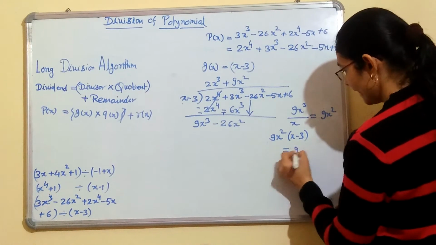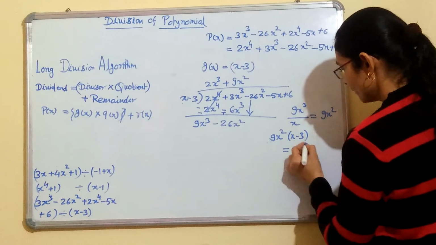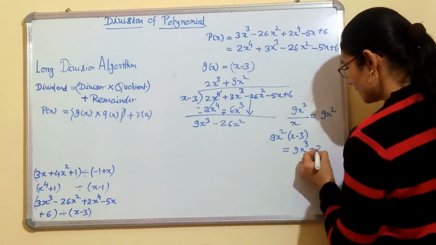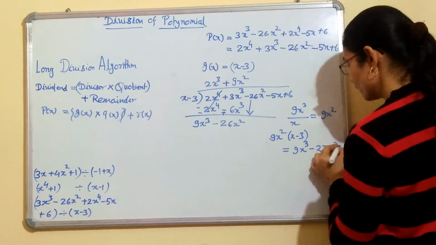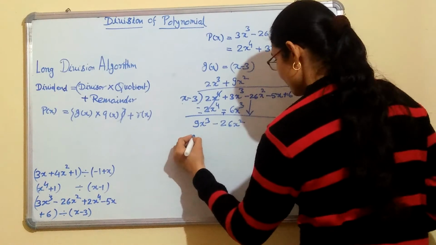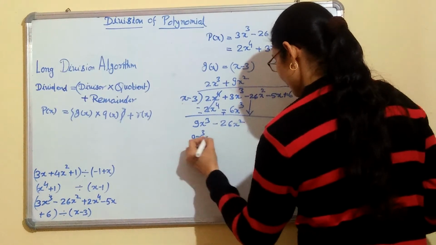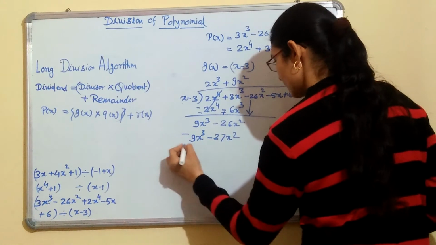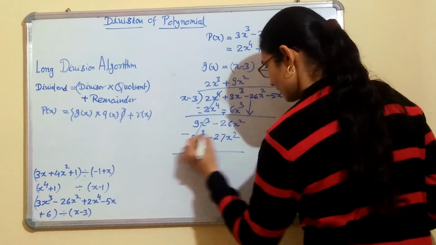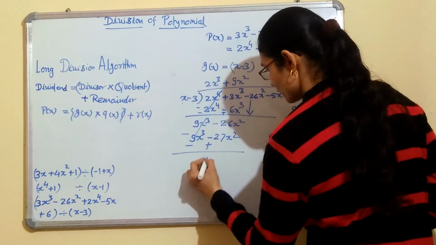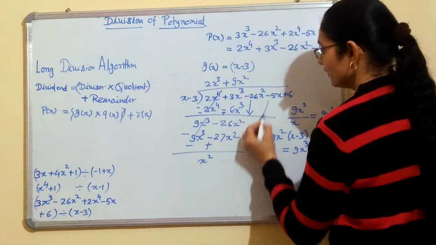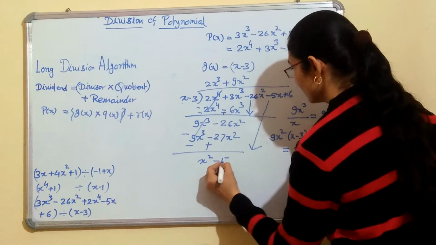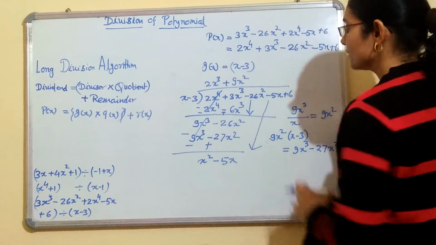We get 9x cube minus 27x square, and subtract this again from the dividend. We get x square, कॉपी करेंगे इस टर्म को.